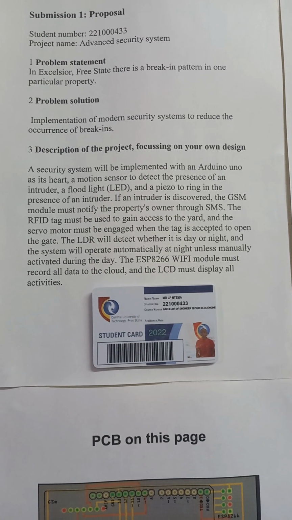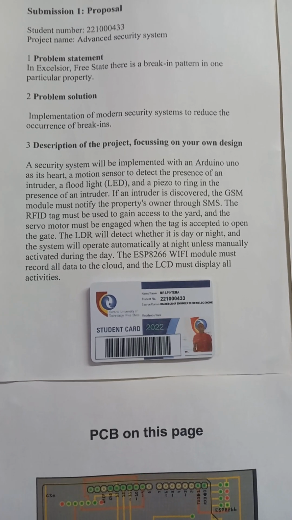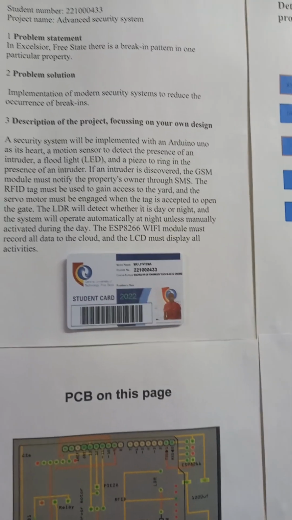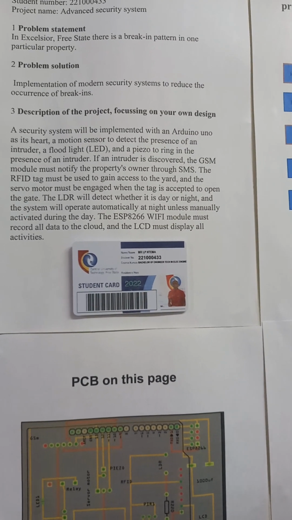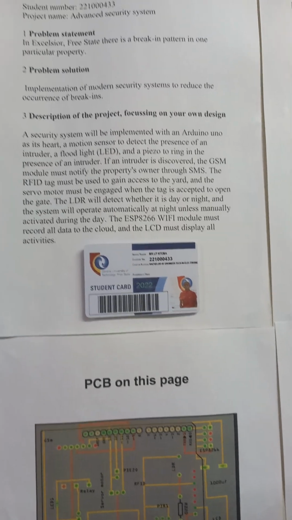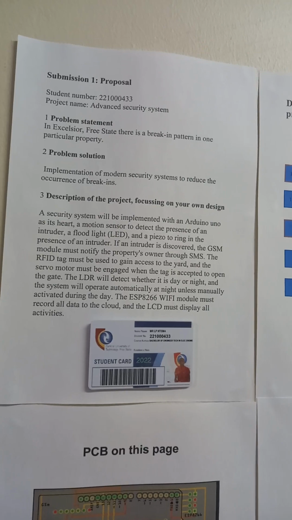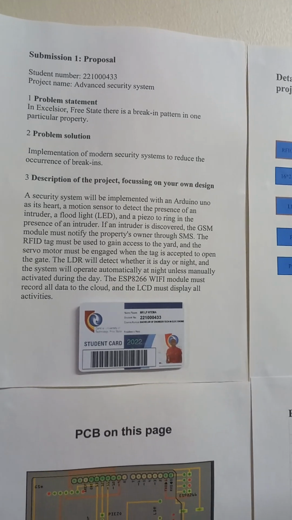The LDR will only turn on the lights automatically when it's night and turn them off during the day. The Wi-Fi module ESP8266 is used to store all data to the cloud.